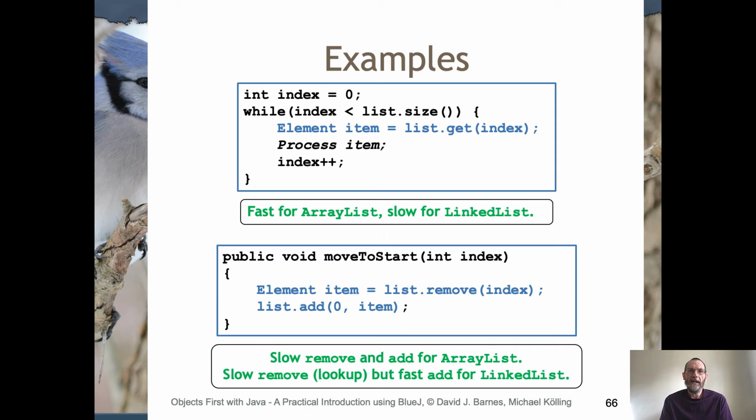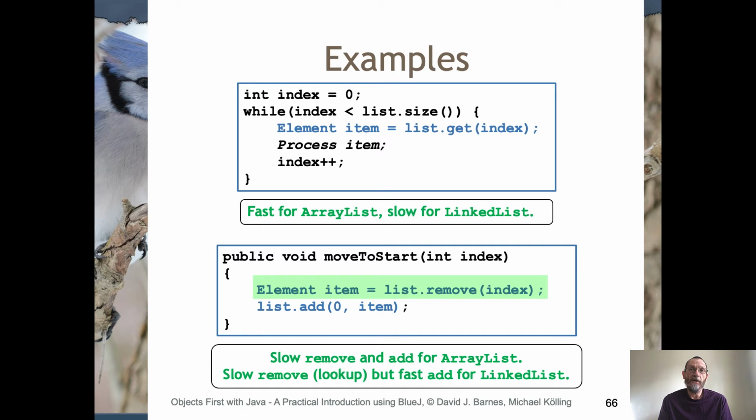Now, considering the second example here, what we want to do is remove an item from the list at a particular index and then reinsert it at the beginning of the list. So we're moving an item from wherever it is within the list to the beginning of the list. For an array list, the removal process is relatively expensive because there are two moves of the remaining items in the list.